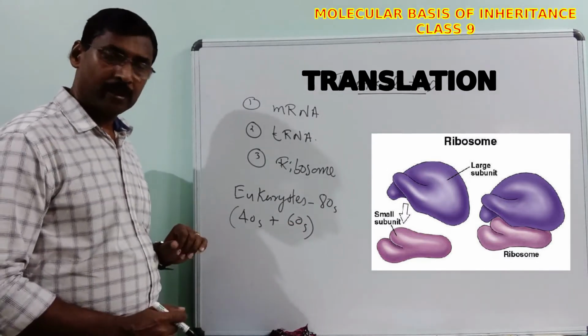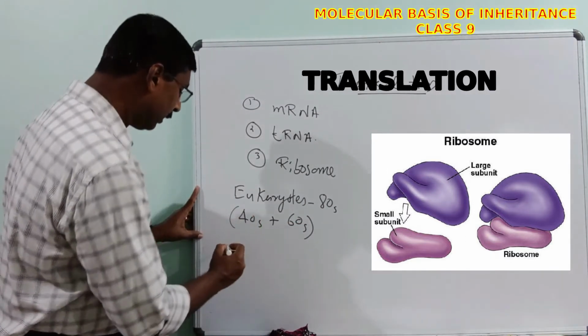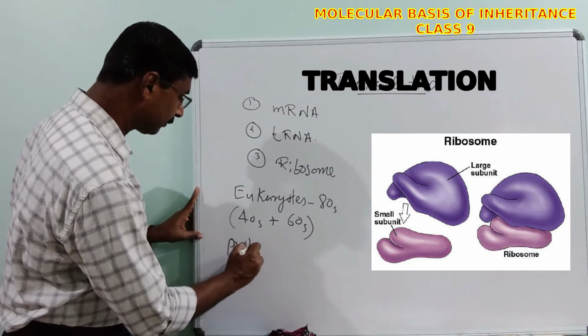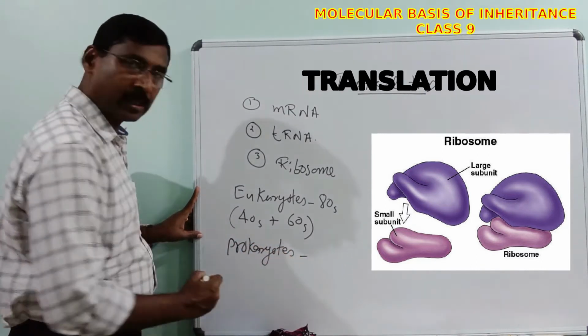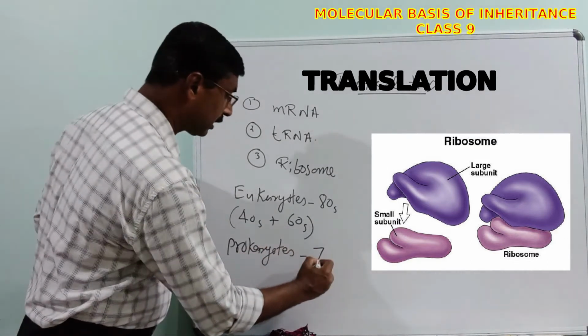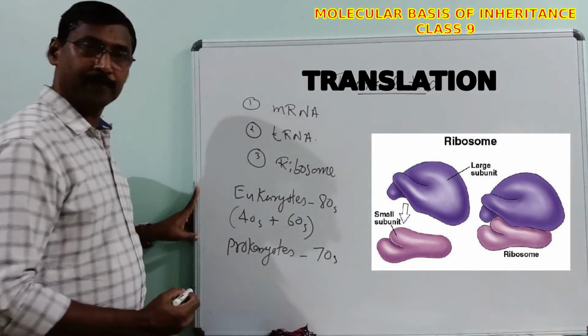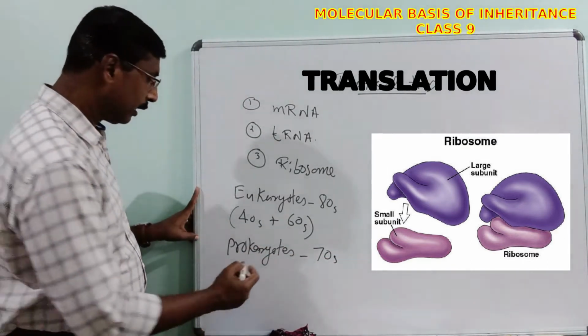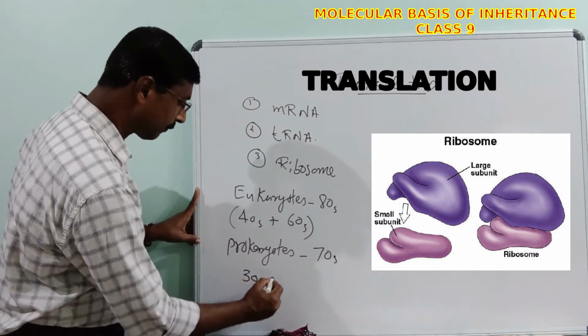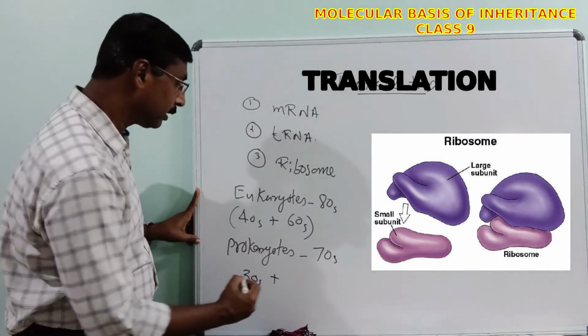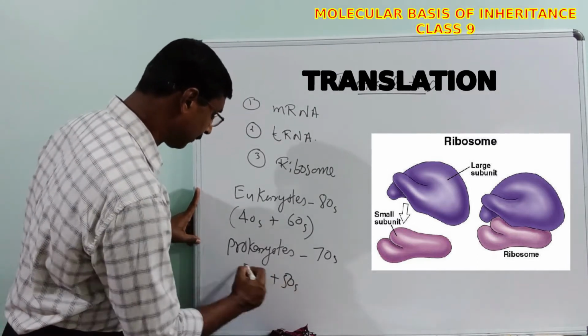Then in prokaryotes, the ribosome is a 70S ribosome, and the subunits are, the smaller subunit is 30S and the larger subunit is 50S.